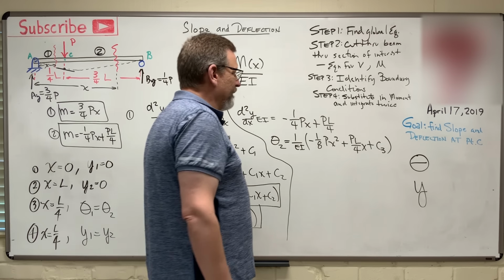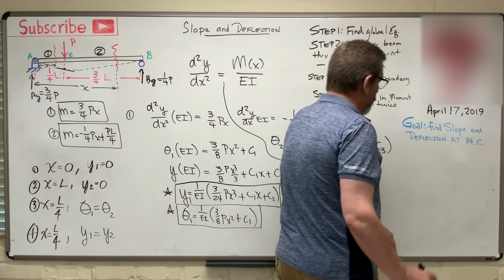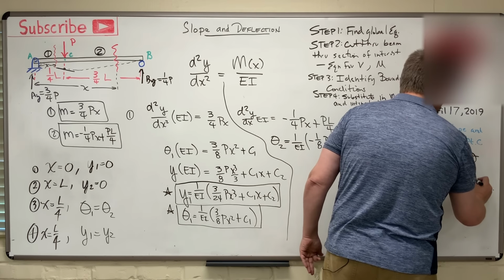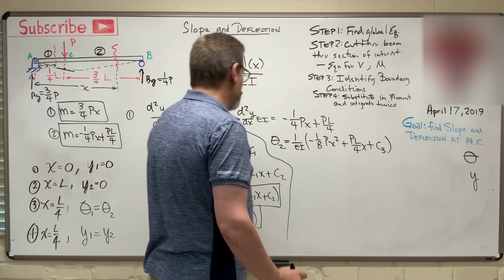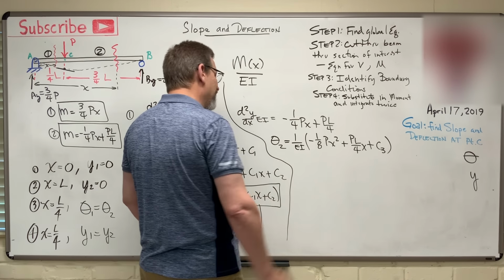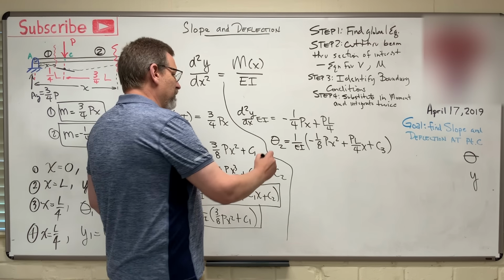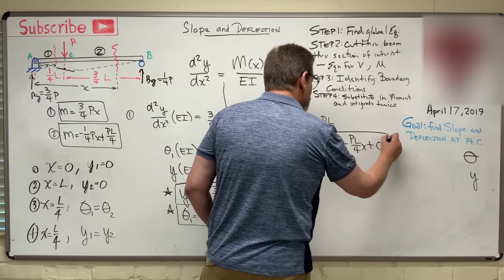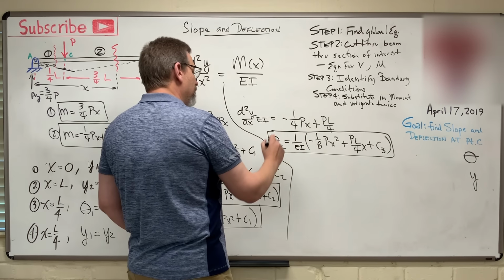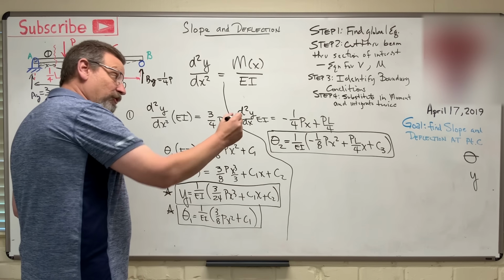Let me erase these. We're going to need all the room in the world over here. There's theta and there's y. I don't think I can get any simpler than that, so let's integrate that again.